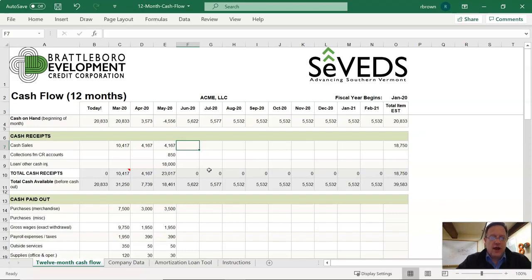So I hope this was helpful. Again, this was a very high-level overview of how you might be able to use this tool to explore your situation now, and what potentially a little bit of cash infusion might be able to help with.